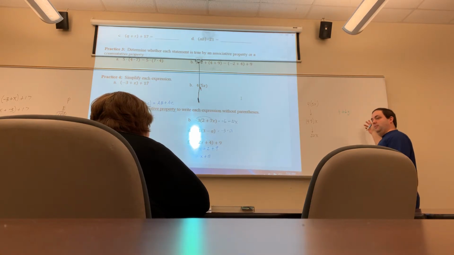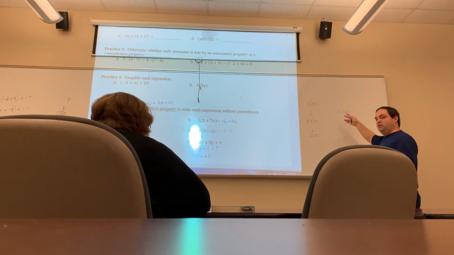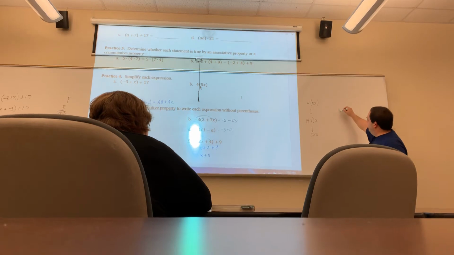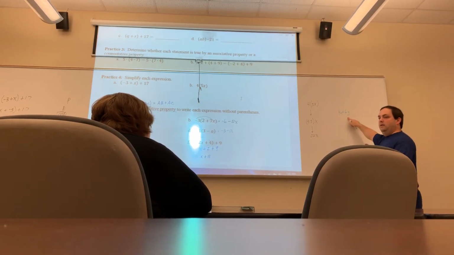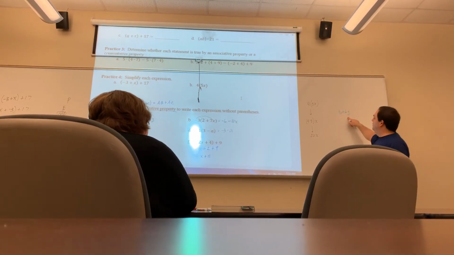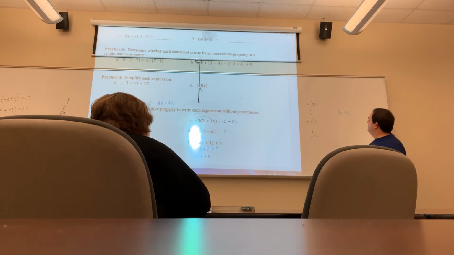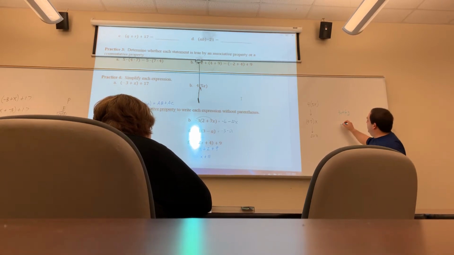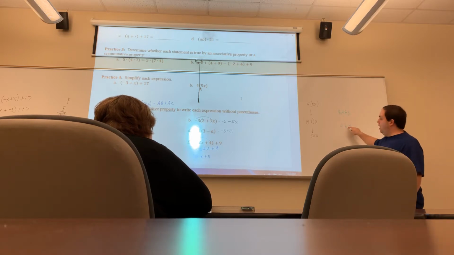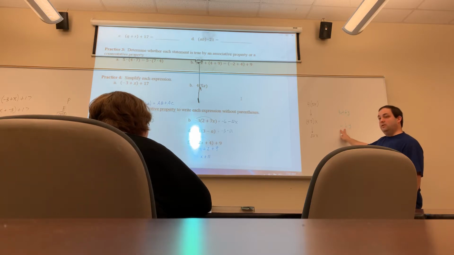I can't just magically make that 10 fruit. There's no way to change the letters, right? Just like if I did 4x plus 6y, there's still nothing I can do. Oh, because in multiplication, technically 6y is 6 times y. And since they're both multiplication, I can reassociate the 4 and the 6.